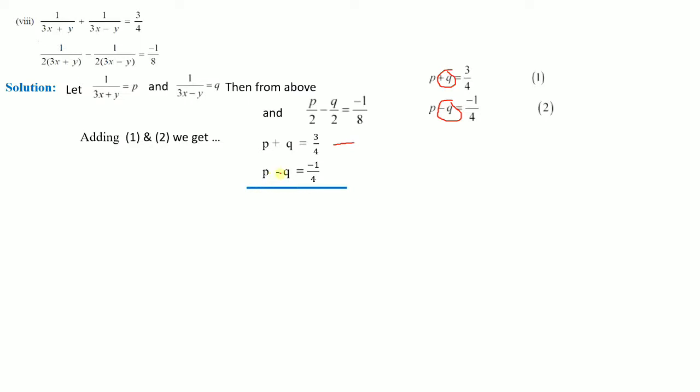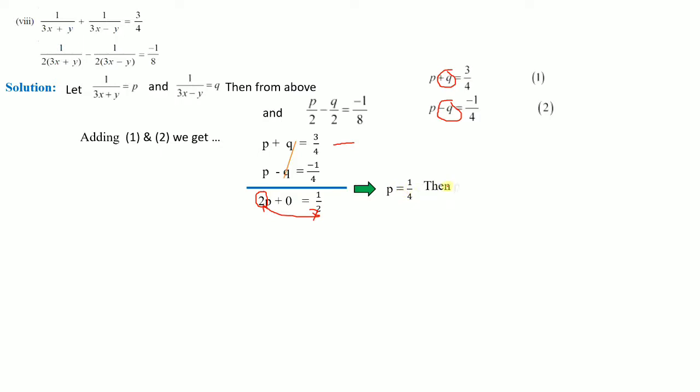Since we are adding, we will not change the sign, so q and q cancel, so 2p is equal to 3 minus 1, 2 by 4, so 2 2s are 4, 1 by 2. This implies p is equal to, this 2 will go to the denominator, so 2 2s are 4, so p is equal to 1 by 4.